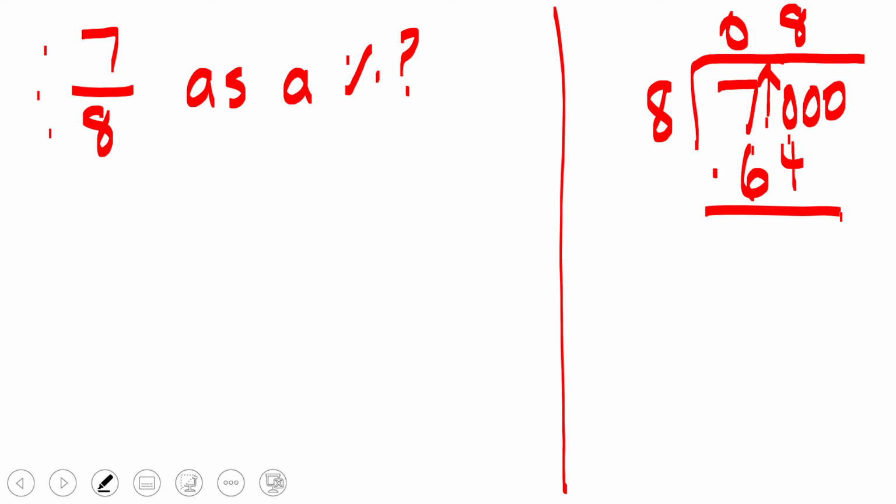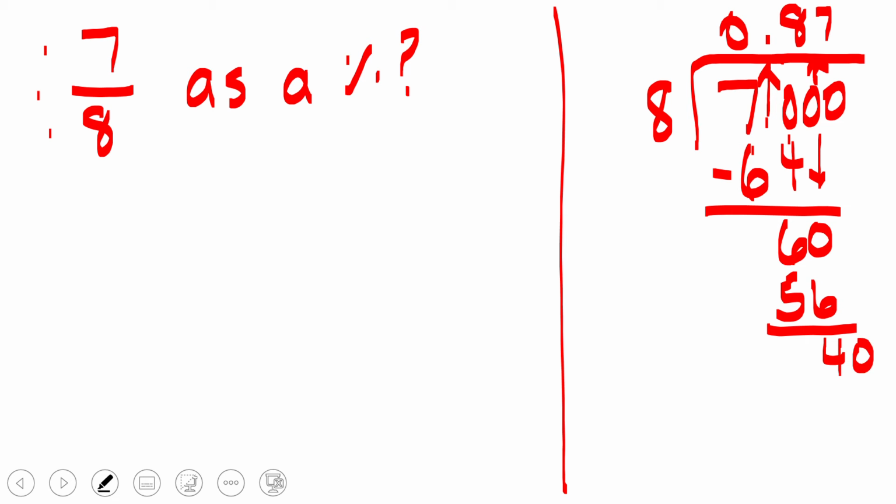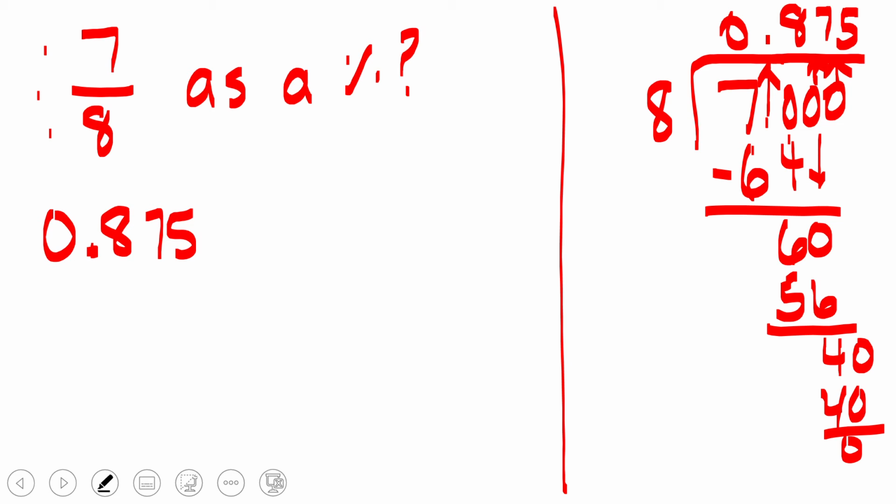70 minus 64 is 6. Bring down our 0, work above our 0. 8 into 60 goes 7 times. And we have 7 times 8 is 56. And 8 into 40 goes 5 times. Terminates. And now we have 0.875.